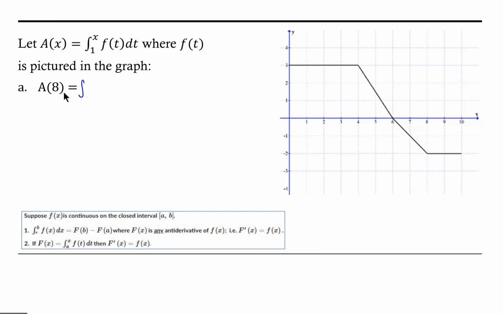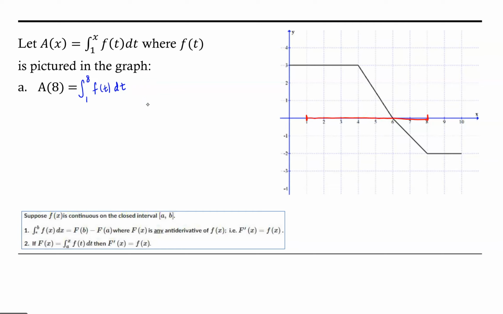Well, A at 8 is the integral from 1 to 8 of f of t dt. So the first thing we want to do is identify the interval we're interested in. We're interested in starting here at 1 and ending here at 8.